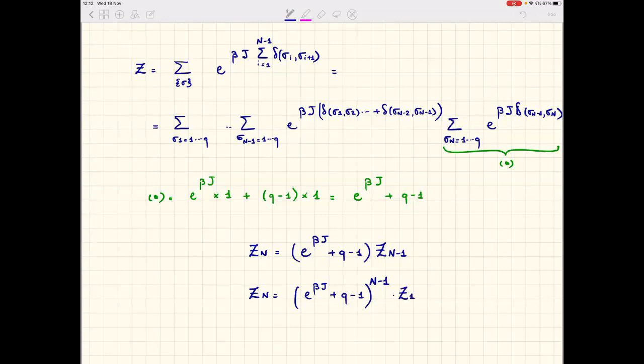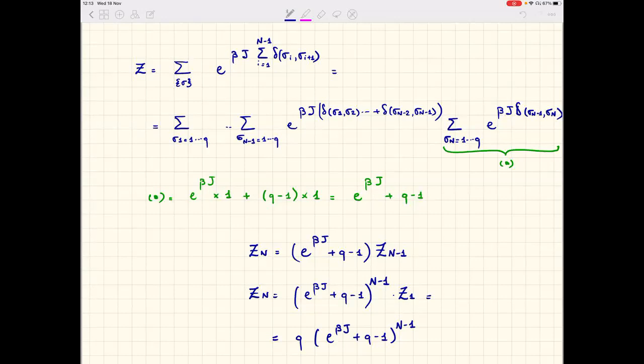Now, what is Z1 equal to in this case? Q, correct. So this is q times (e to the beta J plus q minus 1) to the n minus 1. All right, so we computed the partition function.